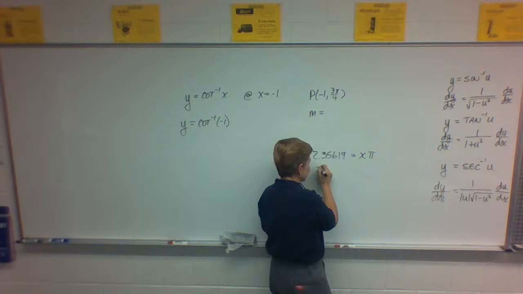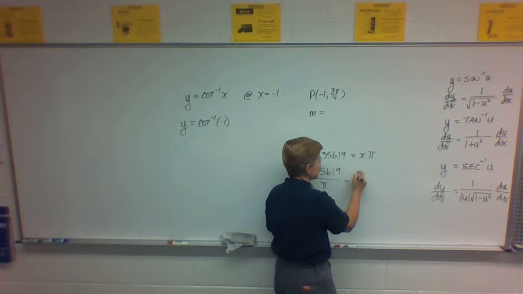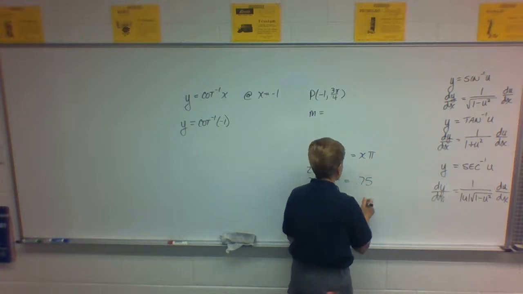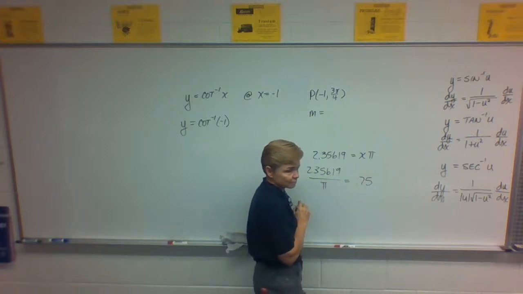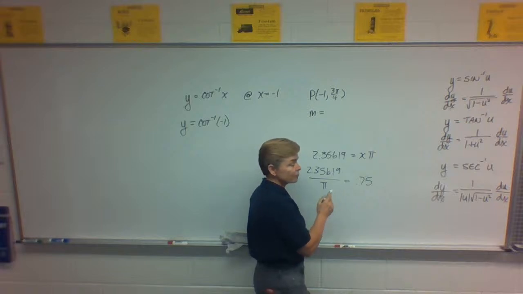So we divide by pi. That'll tell me the fraction of pi that this is, and it turned out to be 0.75. So this number right here is actually 0.75 times pi. You see that? And 0.75 is 3/4.